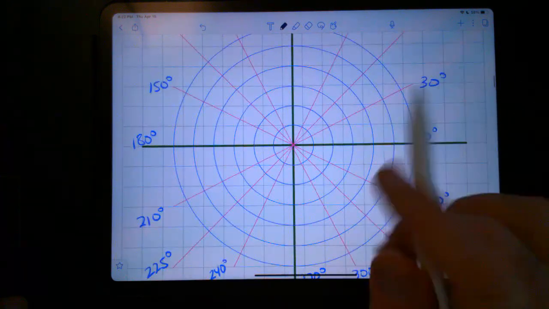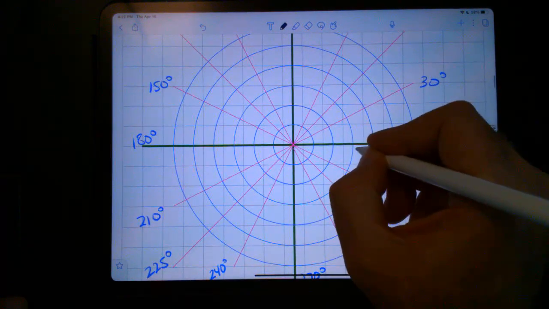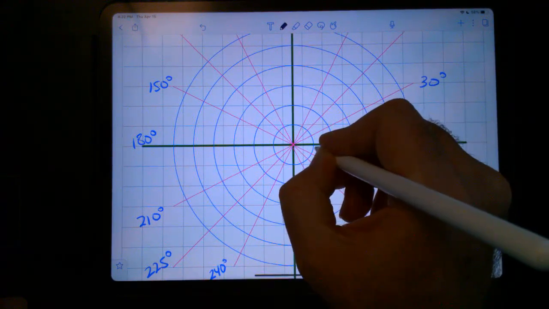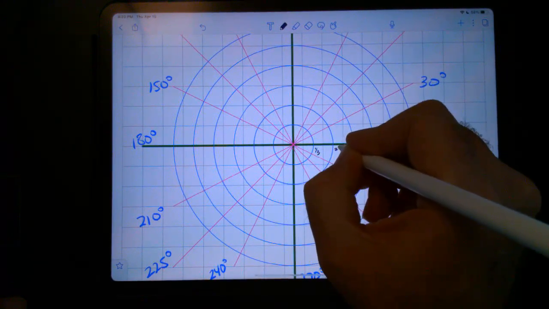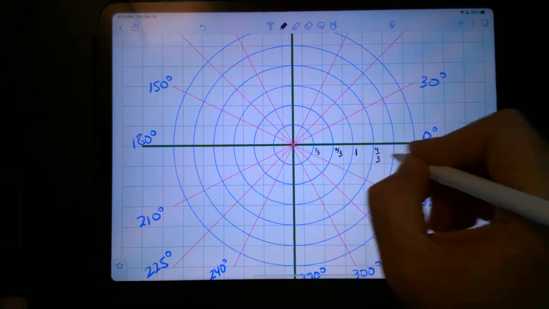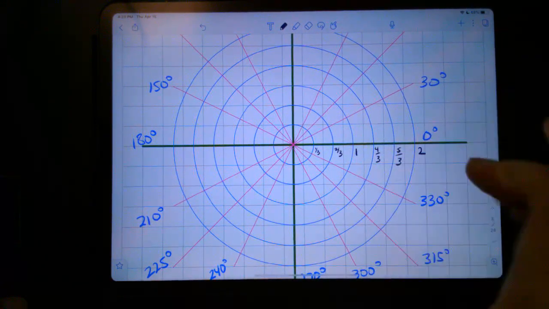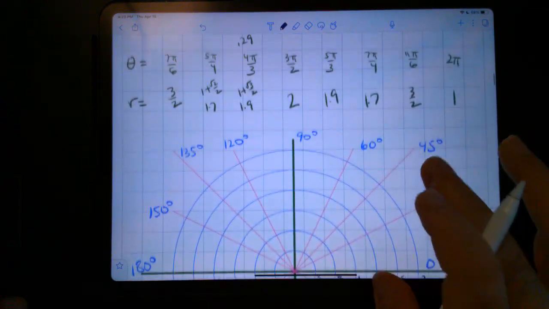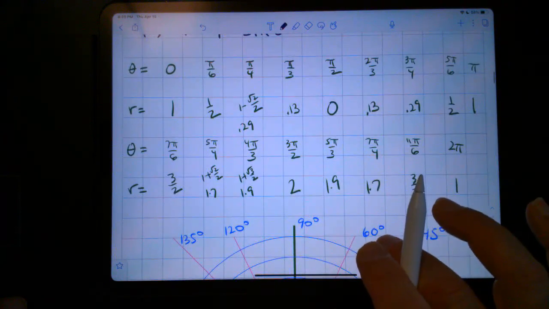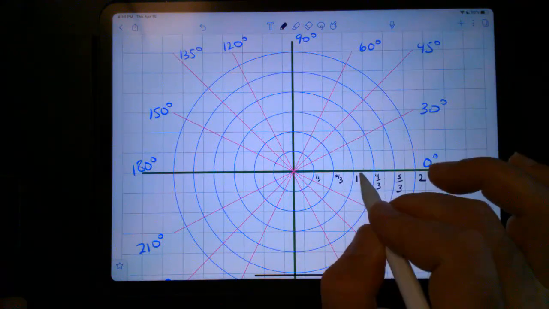So let's label these. When theta is 0, r is 1.